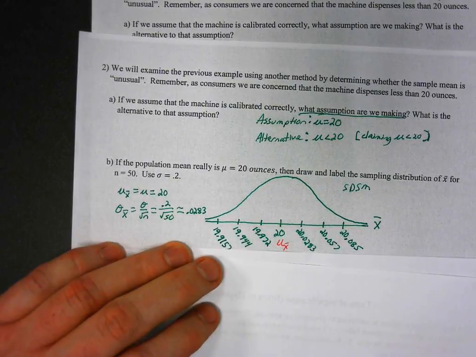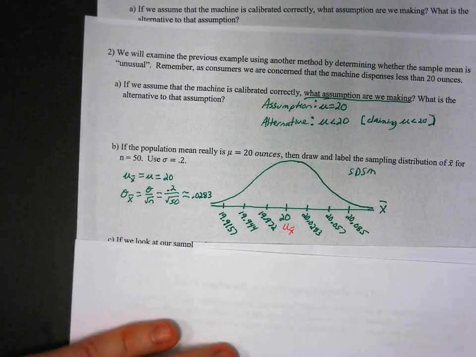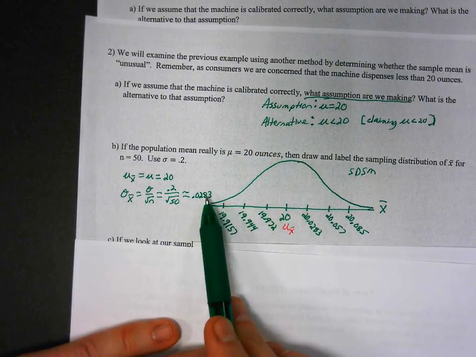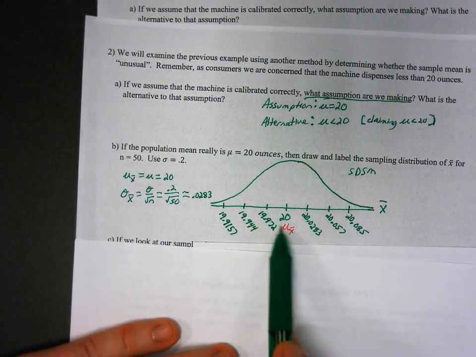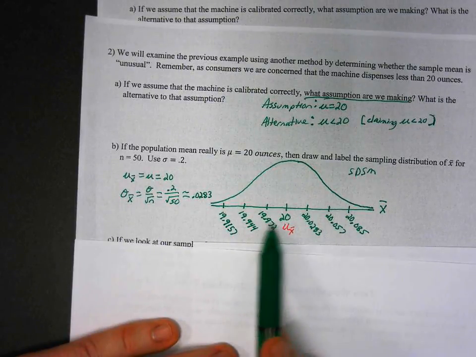When you label those values on here, I know they get crunched up a little bit. The center of the distribution is at 20, and if you add and subtract 0.0283 one, two, three times from 20, you end up with these values across here.